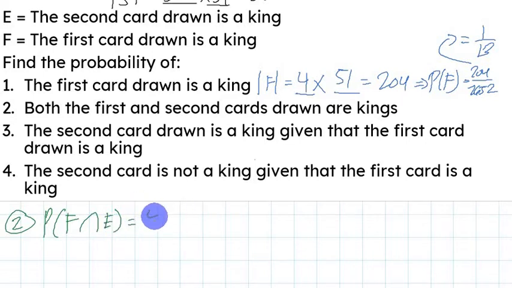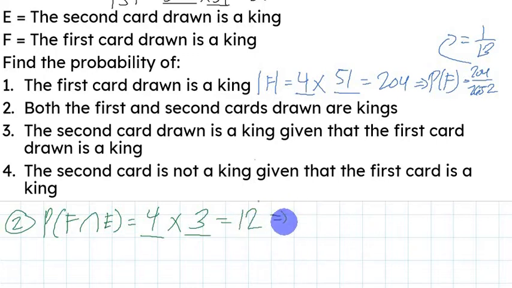So I have 4 possible outcomes of drawing the first king. And when I draw again, I have 3 possible outcomes because I already drew the first one. So via the fundamental principle of counting, I have 12 possible outcomes of drawing both kings.